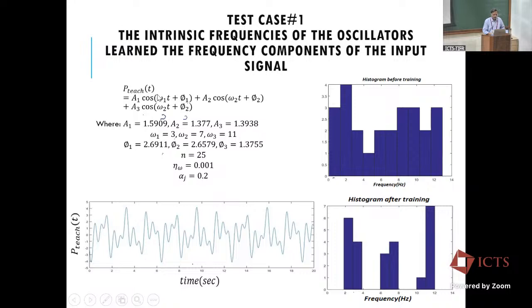Now the input signal has only 3 frequencies: omega 1 is this, 3, 7, and 11. When you train the frequencies of the network on this composite sinusoidal signal, at the end of training all frequencies are bunched up in 3 bands, close to 3, 7, and 11. So the network is learning your input signal frequencies.